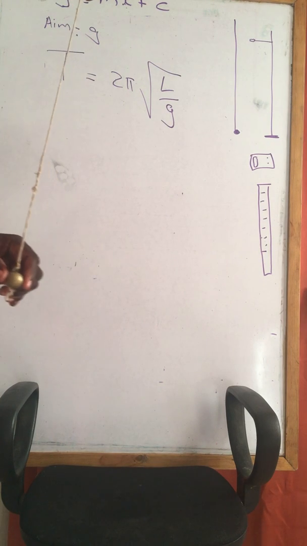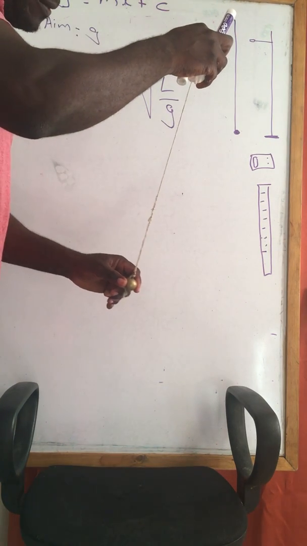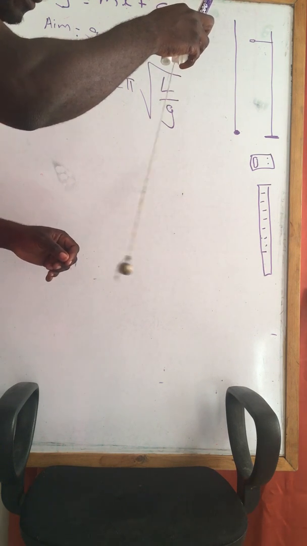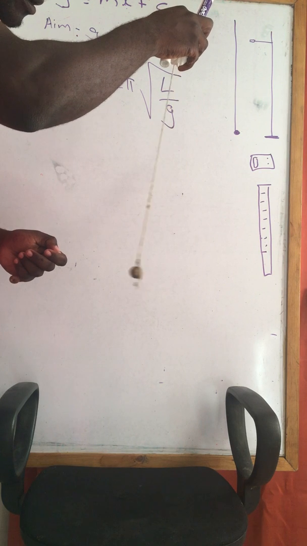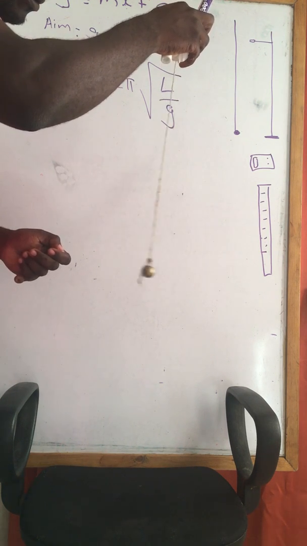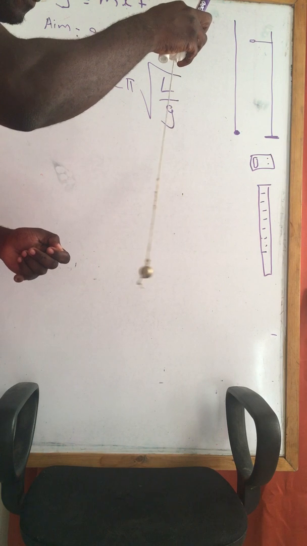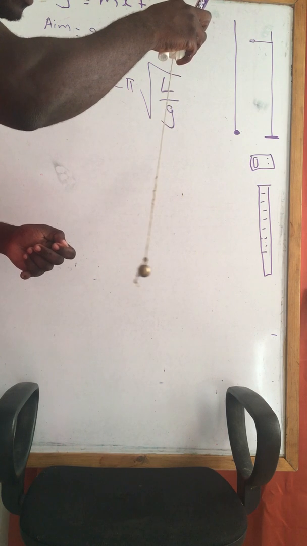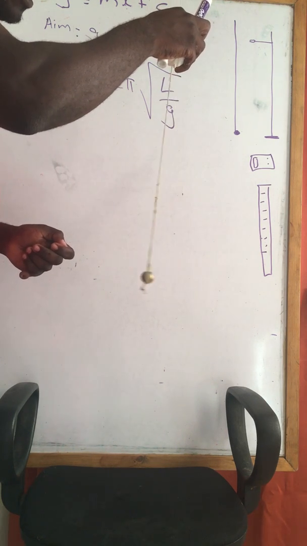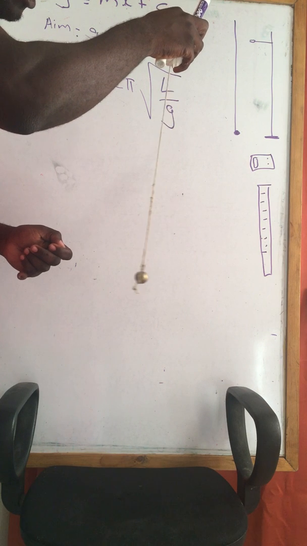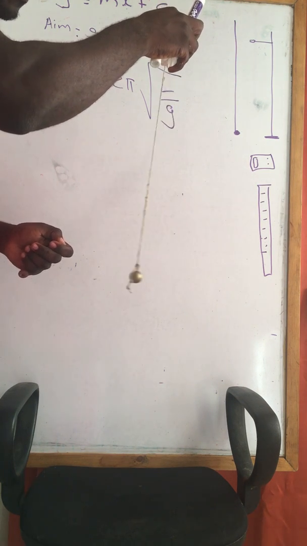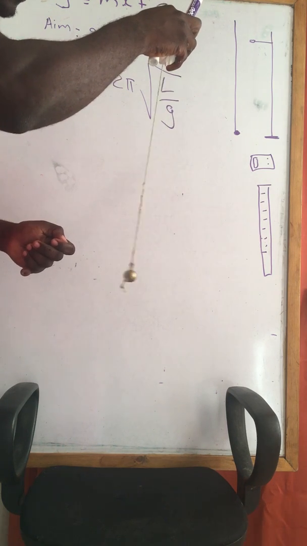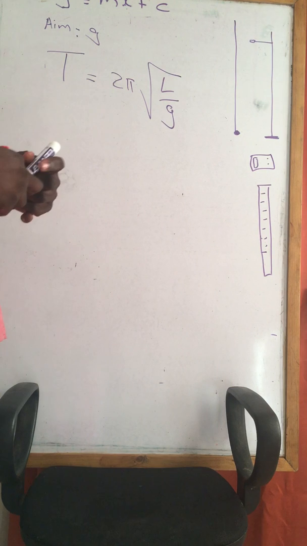So we pull the pendulum to the side, we release it, allow it to settle down, and then we start the timer. 1, 2, 3, 4, 5, 6, 7, 8, 9, 10, 11, 12, 13, 14, 15, 16, 17, 18, 19, 20, and then we stop the timer.